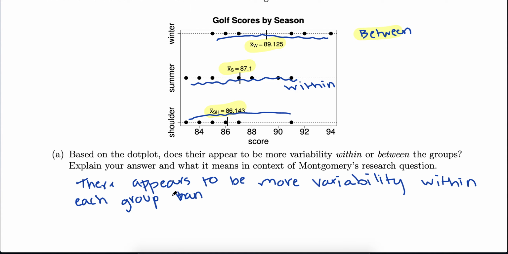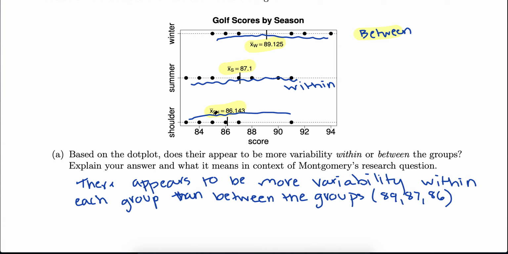I don't know if anybody else does that where your head gets ahead of your hand. And remember that between in this example is comparing the means of 89, 87, and 86.